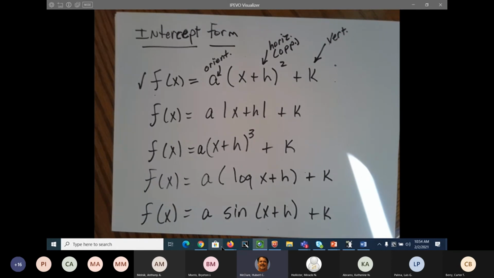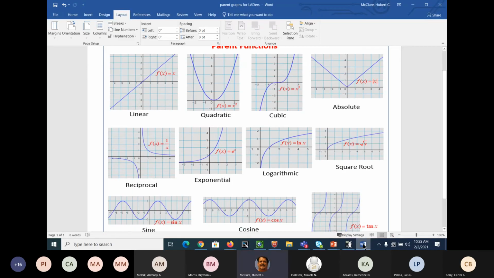This 2 and this 3 and this log and these absolute value marks, and this sign, those tell you what the graph looks like. So learn the parent graph, then you don't have to carry this around.